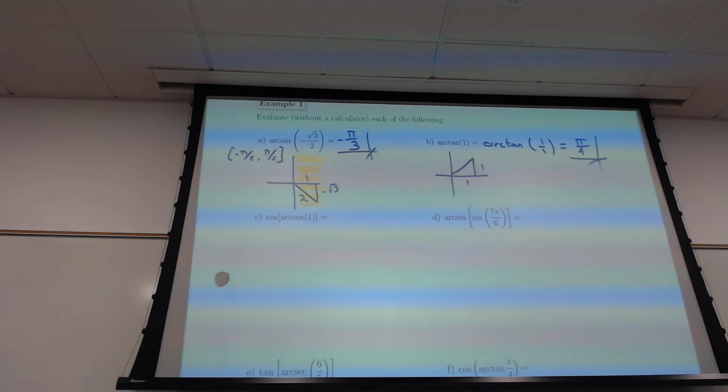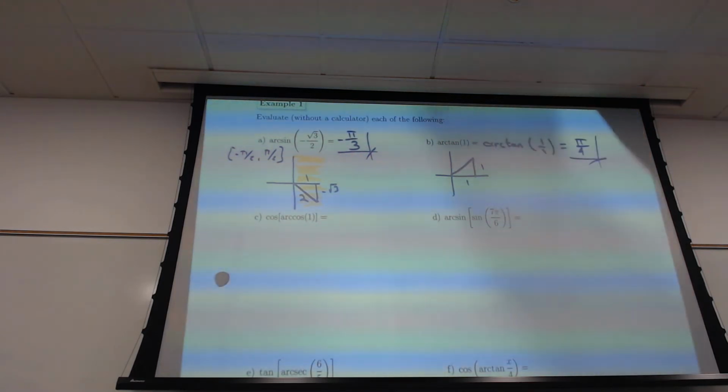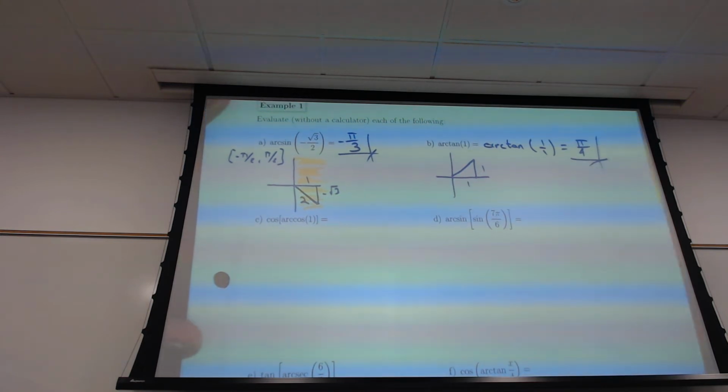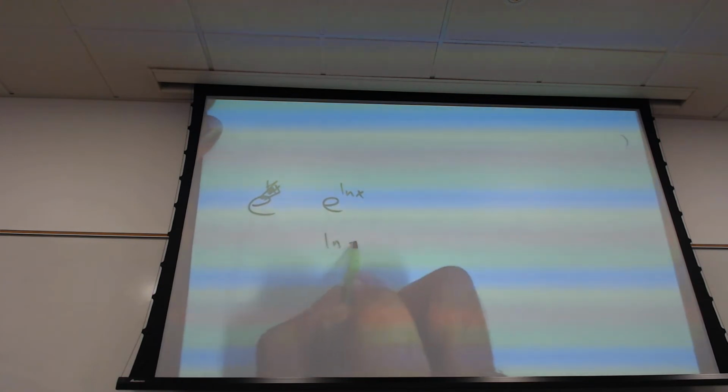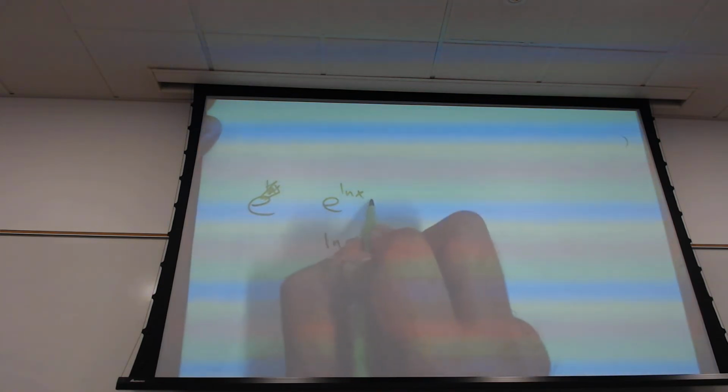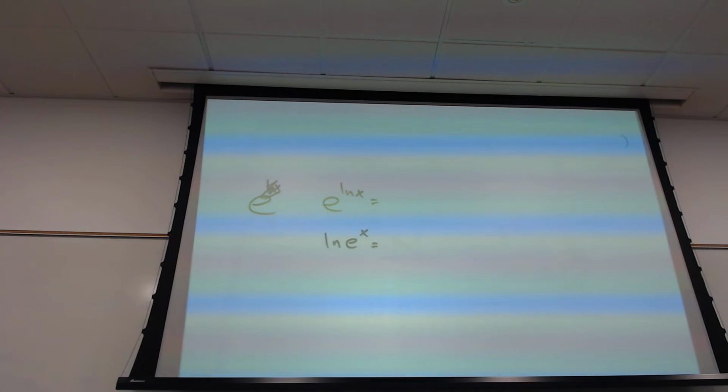One of the most memorable cases in which we used compositions of inverse functions was when we had e to the ln of x, and ln of e to the x. What are these two expressions equal to?